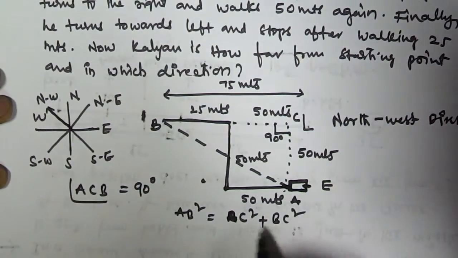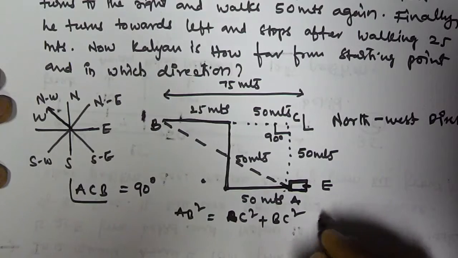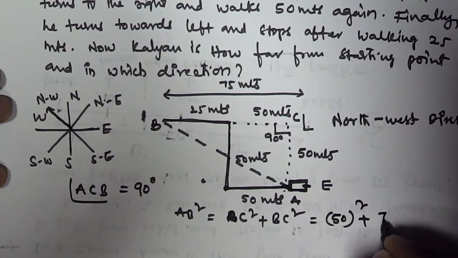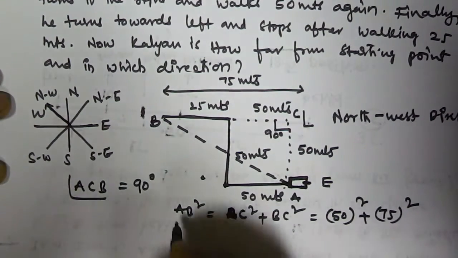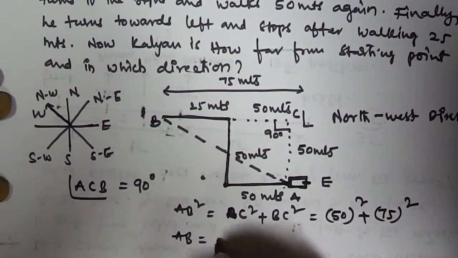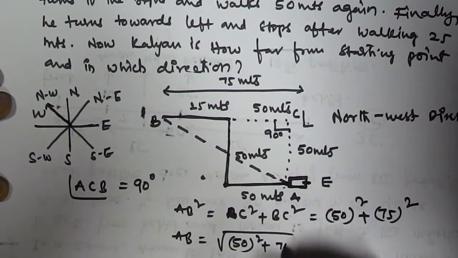AC is 50 meters, so 50 square plus BC, which is 75 square. So AB is going to be the root of 50 square plus 75 square.